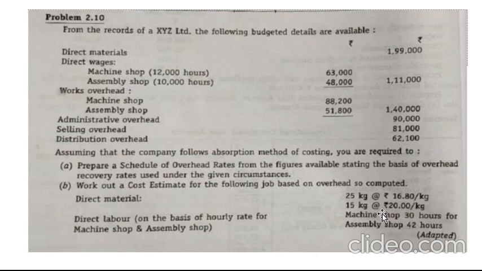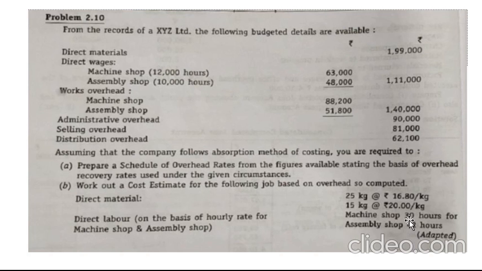So you need to find out the cost for 1 hour. Here, as per your budgeted, for 12,000 hours they are getting 63,000, and for 10,000 hours they are getting 48,000. Here in the estimated job, your machine shop is working only for 30 hours and assembly shop is working for 42 hours.